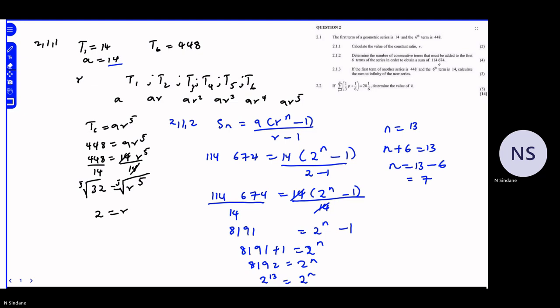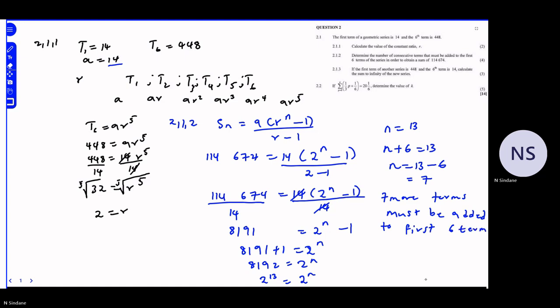So the number of terms that must be added in order for me to get this from 6 should be 7 more terms. More terms must be added to the first 6 terms. Right?